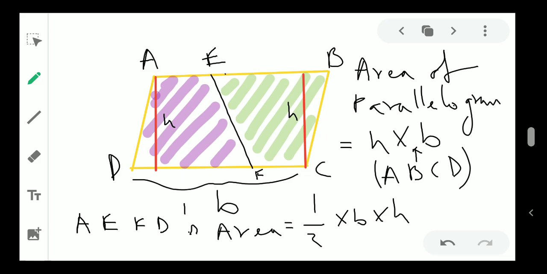So if we divide the parallelogram, we get two trapezoids, and the area of that trapezoid will be half into B into H.